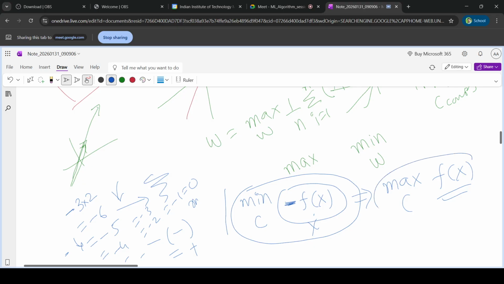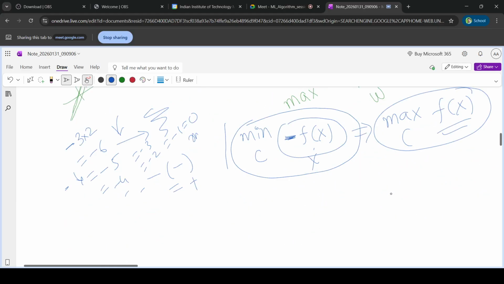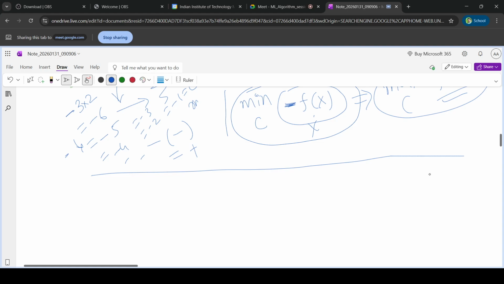So minimization of minus f of x is nothing but maximization of that value instead of minimizing this. This is the concept, and it is helpful for you while solving this equation.